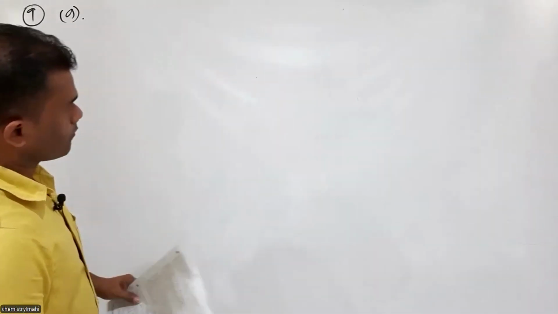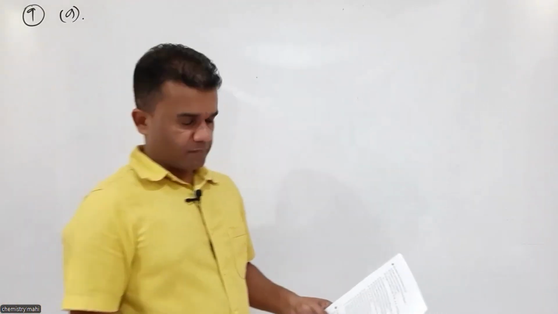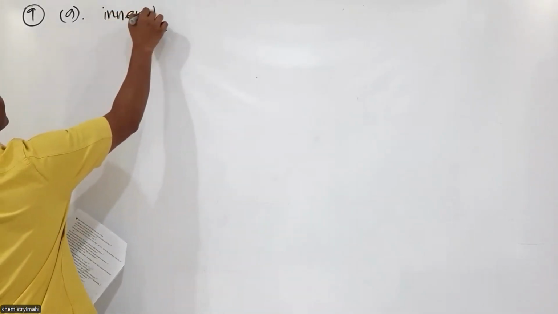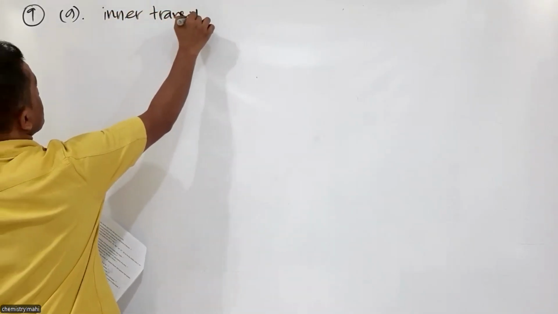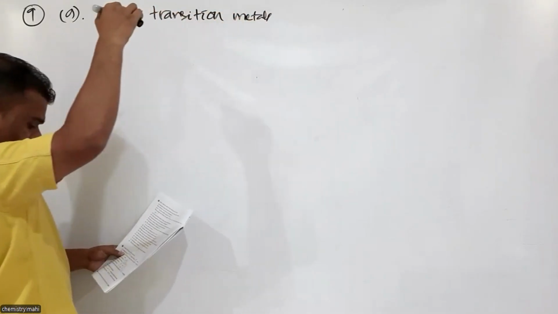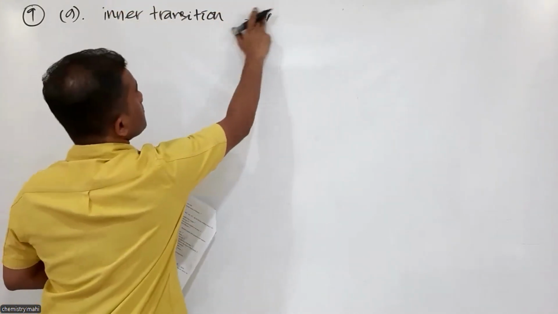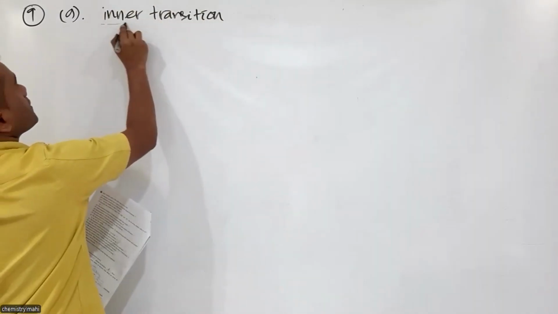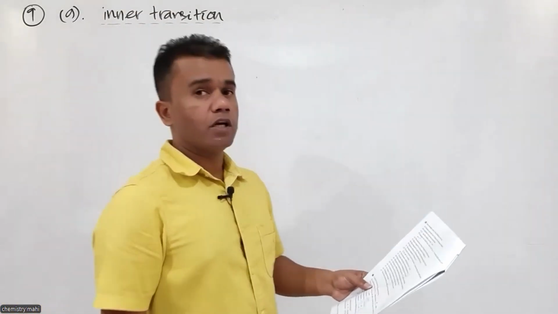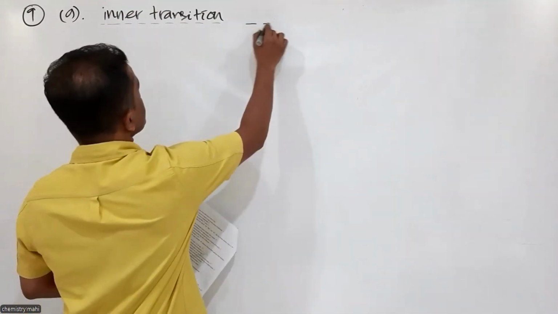Actually, for d block, 3d, we call them transition metals, but f-block metals we call inner transition metals. So for the first space, it should be inner transition elements, and lanthanides belong to what? F block.